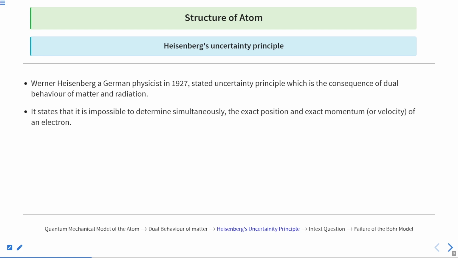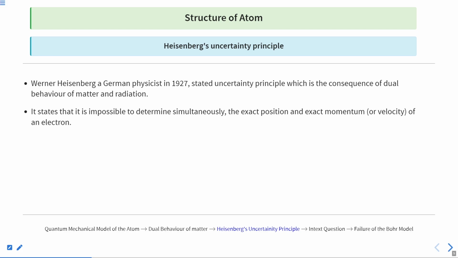But since it has a very high mass, the wavelength is very small, and therefore we cannot see the wave pattern of the macroscopic particle. So due to the high mass, it is not practical to calculate the lambda of a heavy particle. Clear?